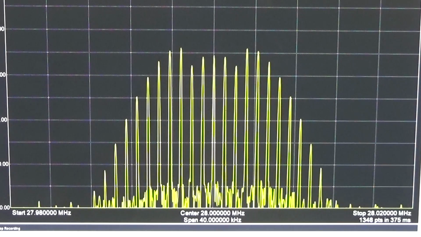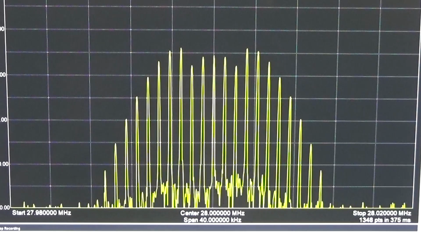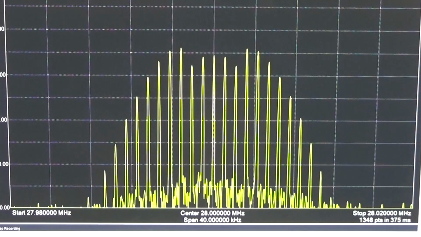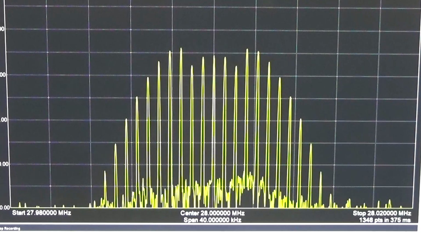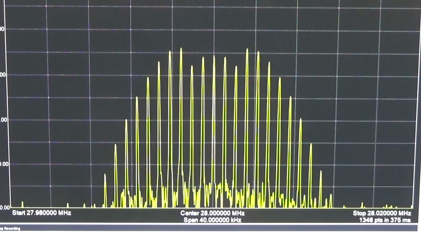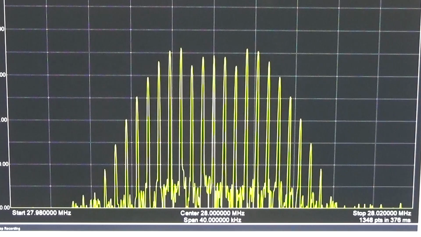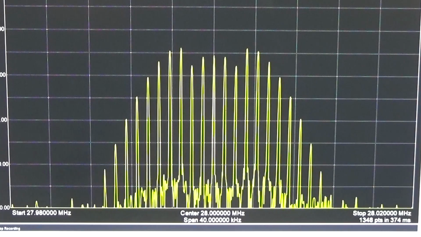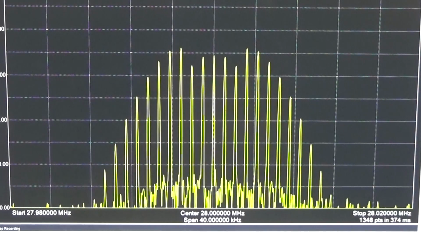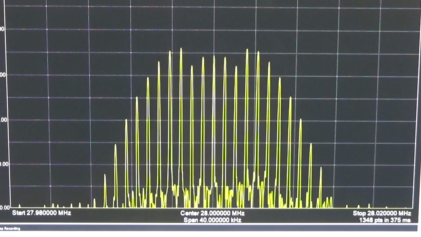And what we are really looking for is the 0 point of our fundamental, because that is equal to the Bessel 0, our first Bessel 0 at 2.4048.